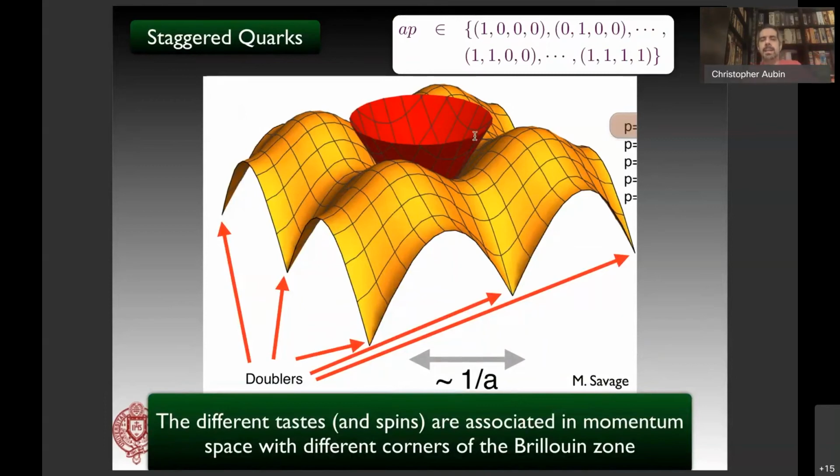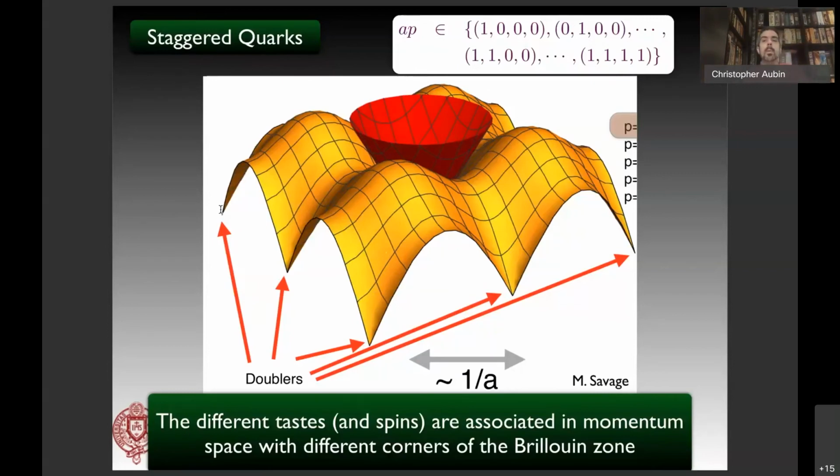If I take the Fourier transform of a hypercubic lattice, then I'm going to get what's known as the Brillouin zone in momentum space. That corresponds to these different values of the momentum being near 1 over a in different components. These different corners of the Brillouin zone are those doublers, okay?